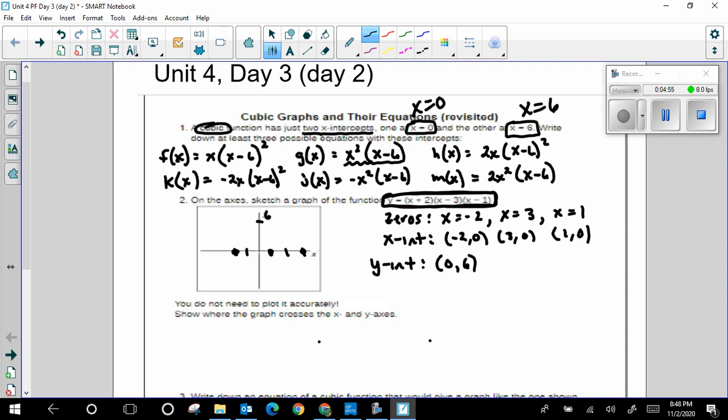The other thing I need to know is my end behavior. I get that from my lead term. So if I multiply my x's, I just get x cubed with no coefficient. So that's an odd degree, positive lead coefficient. So my end behavior is up on the left, down on the right.